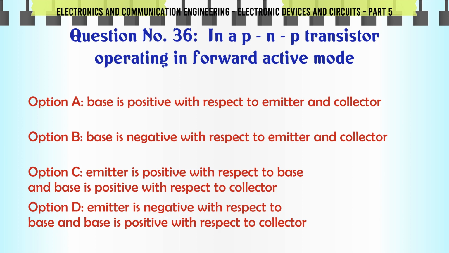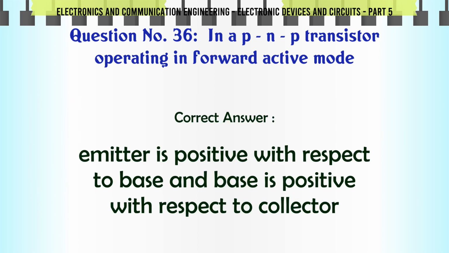B. base is negative with respect to emitter and collector. C. emitter is positive with respect to base and base is positive with respect to collector. D. emitter is negative with respect to base and base is positive with respect to collector. The correct answer is emitter is positive with respect to base and base is positive with respect to collector.